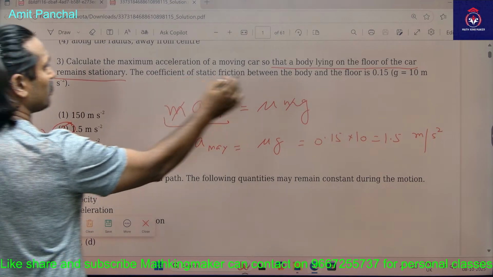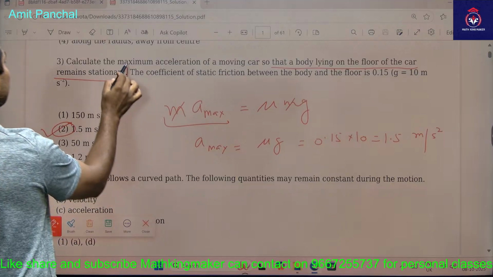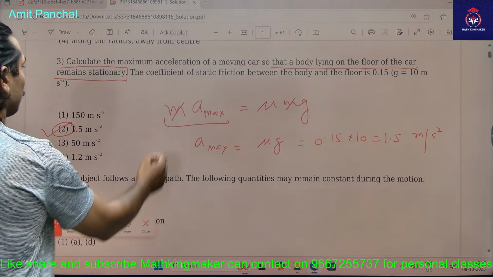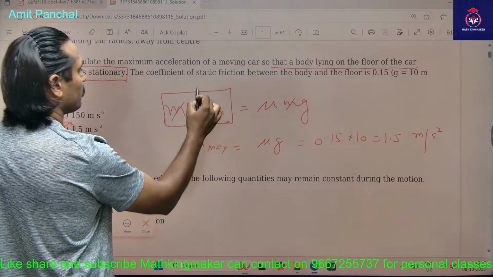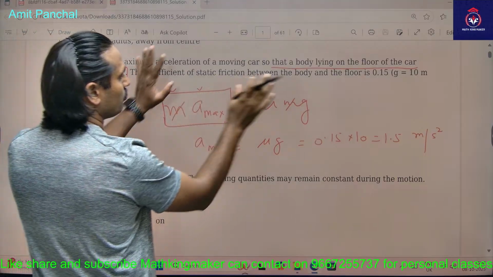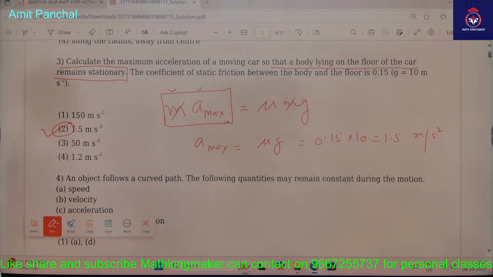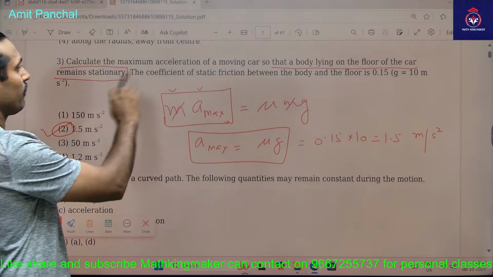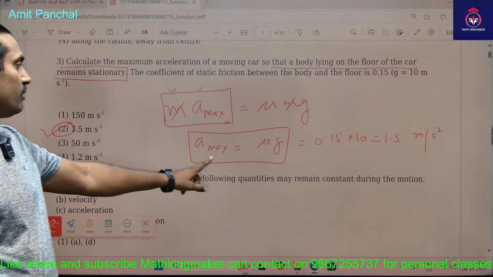If the body is stationary, the force will be equal to mass times maximum acceleration, and that will be equal to the frictional force. If they are equal, then that will be the maximum acceleration. You can remember it that maximum acceleration to prevent the body from moving will be mu g.